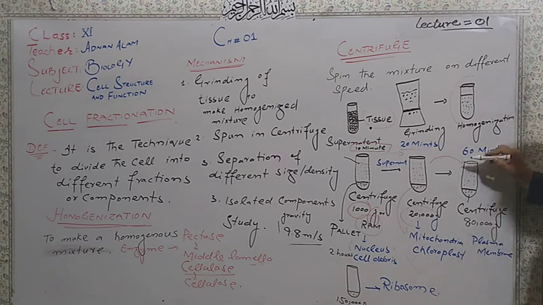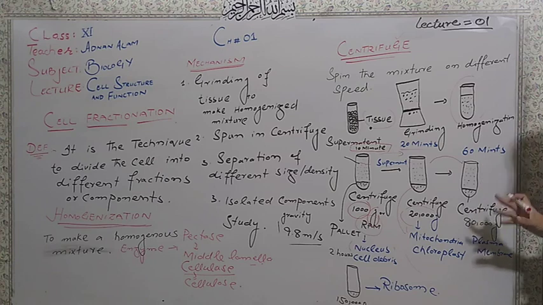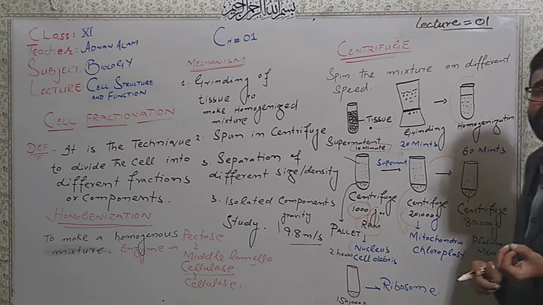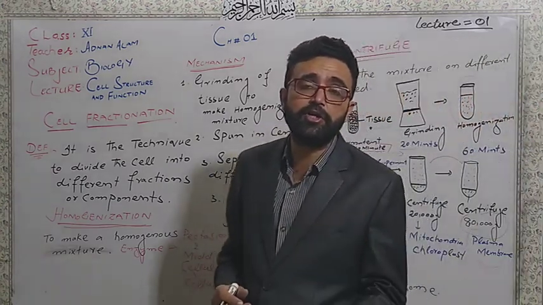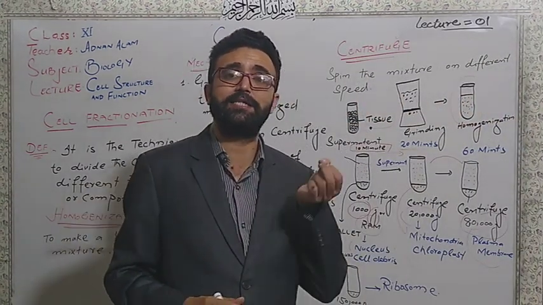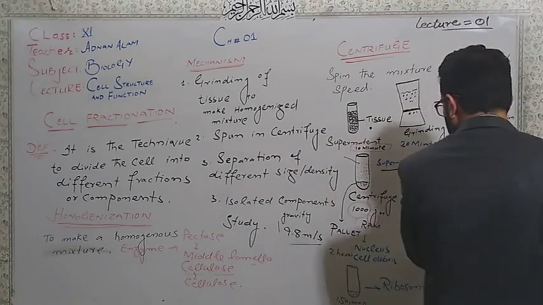But if we wish to study other organelles, we will spin this solution at a new speed, that is 80,000 G for 60 minutes, and now we will get plasma membrane and the debris of different internal organelle membranes.